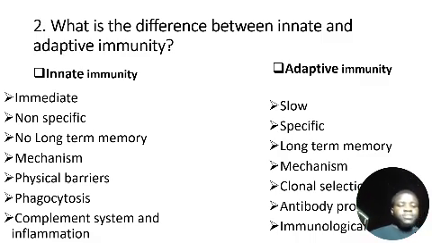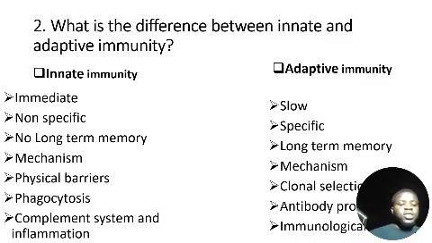Both involve different mechanisms. In innate immunity, there are physical barriers, while adaptive immunity has clonal selection. In innate immunity, there is phagocytosis, while for adaptive, there is antibody production.